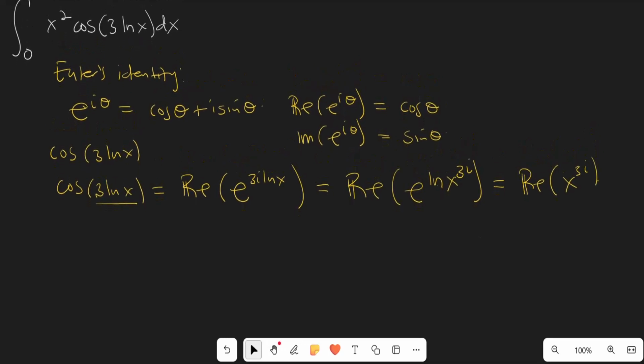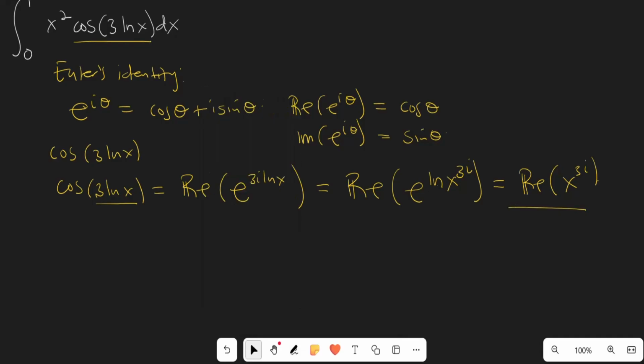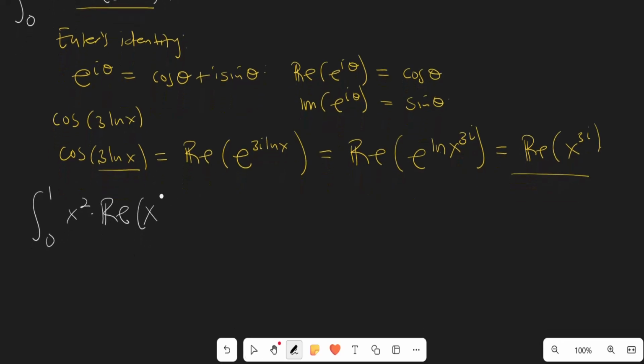So we can plug that back into our integral. So instead of writing this, we can now write the real part of x to the 3i. So our integral now becomes the integral from 0 to 1 of x squared times the real part of x raised to the power 3i.